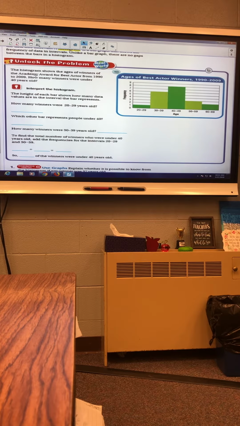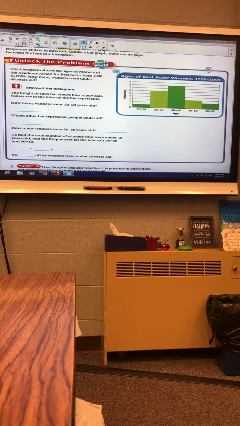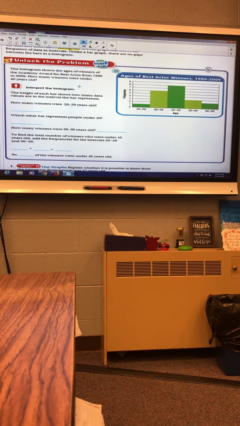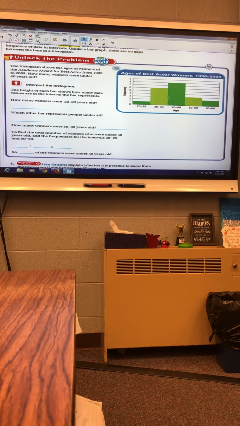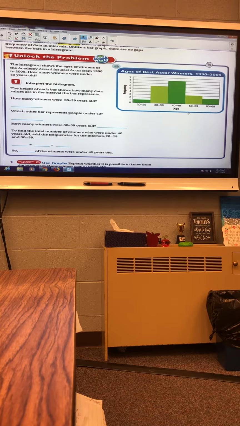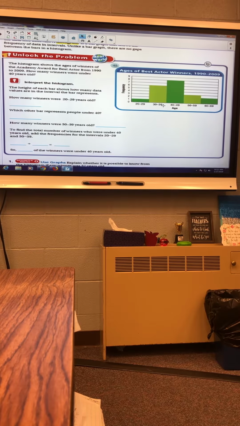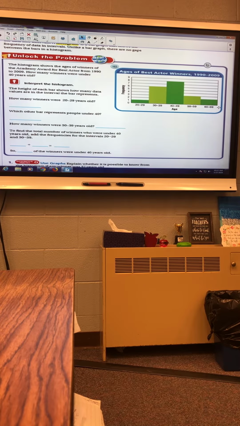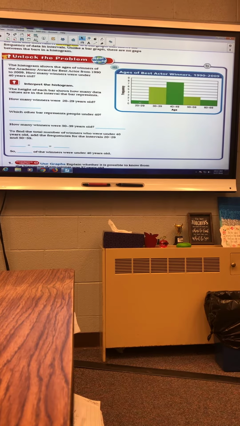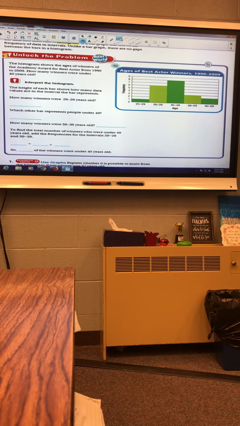The histogram shows the ages of winners of the Academy Award for Best Actor from 1990 to 2009. How many winners were under 40 years old? Looking at our histogram, we have intervals from 20 to 29, 30 to 39, 40 to 49, 50 to 59, and 60 to 69. There was one winner from 20 to 29.